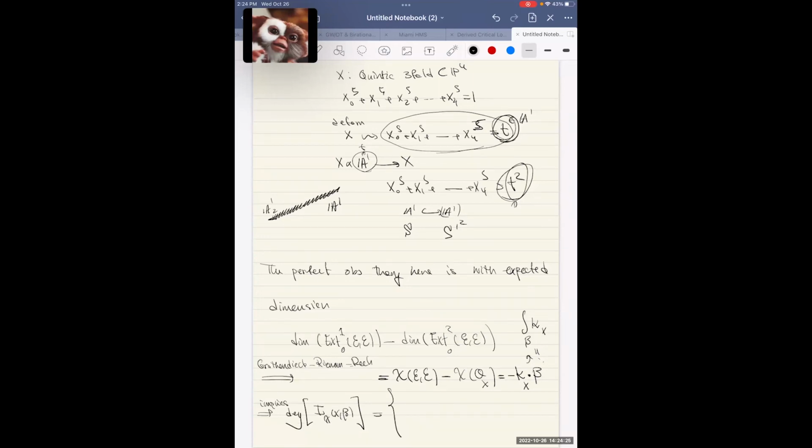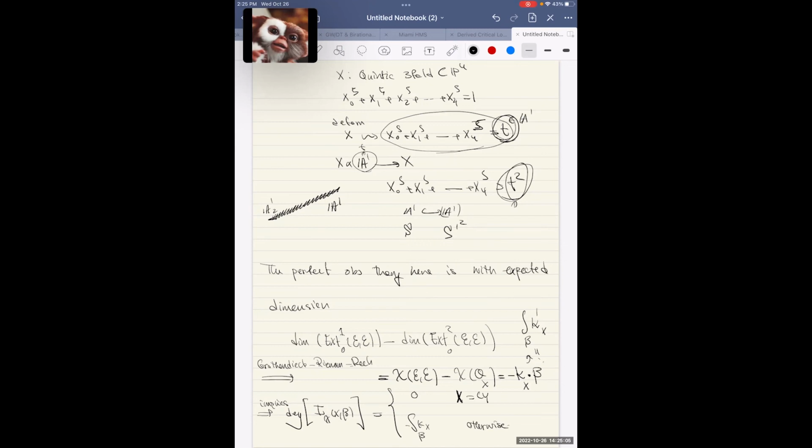The degree is either 0, in which case X is a Calabi-Yau variety, or otherwise it is the degree of K of X on beta.